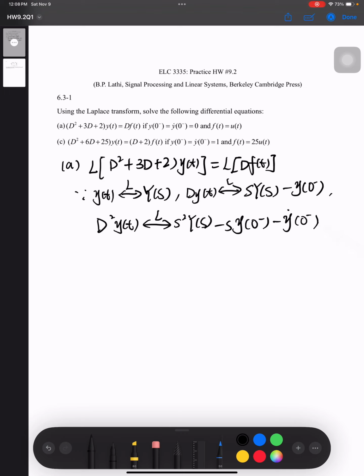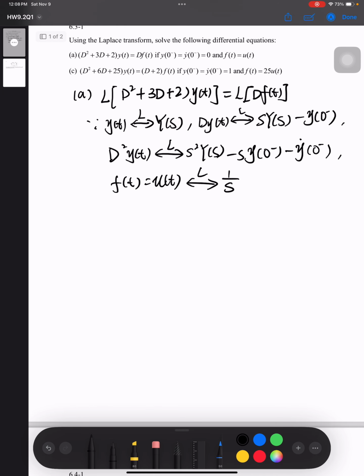And for f(t), which equals u(t), its Laplace transform is 1 over s. And we know all this equals 0, f(t) being u(t).